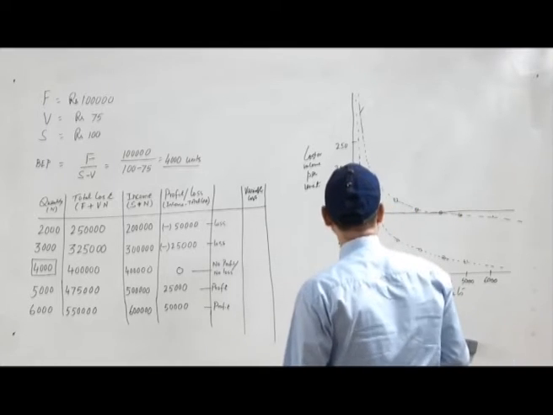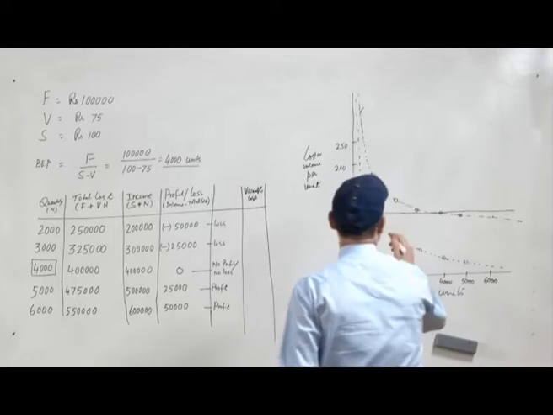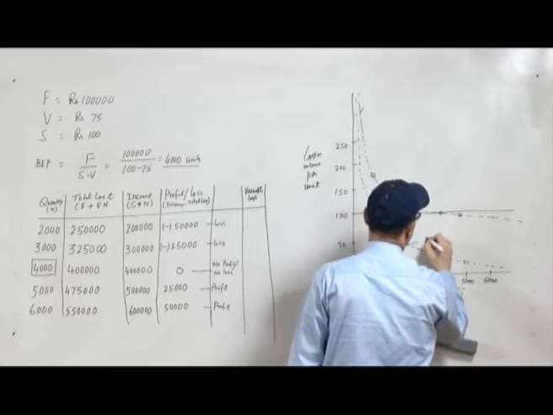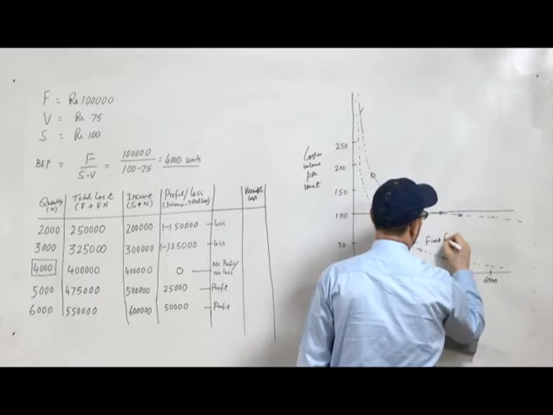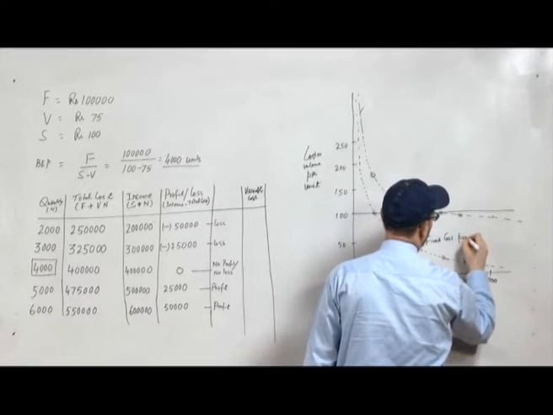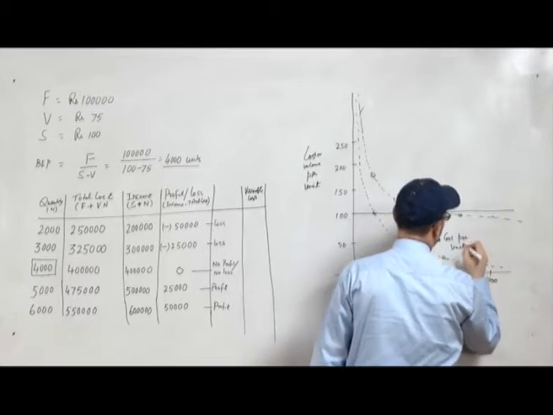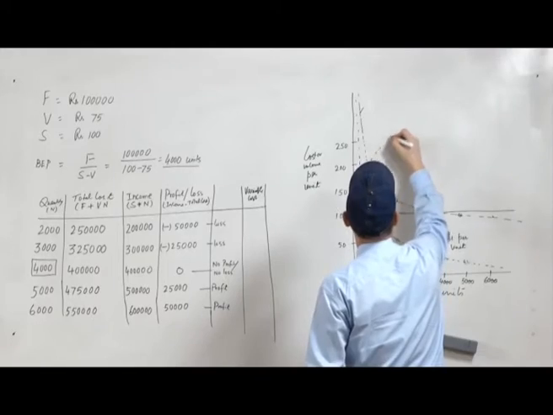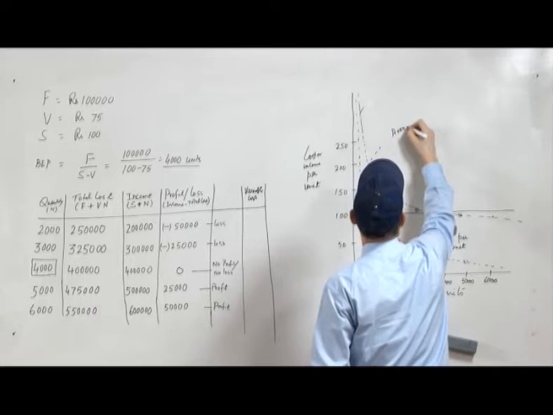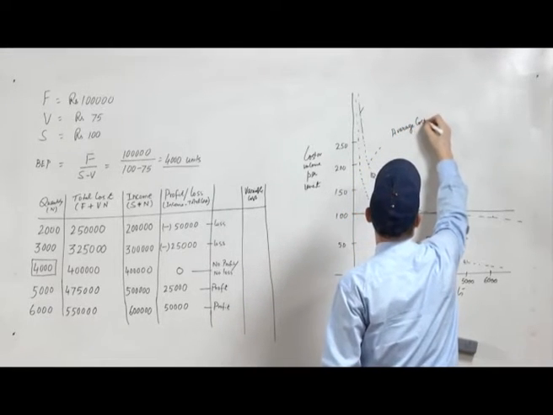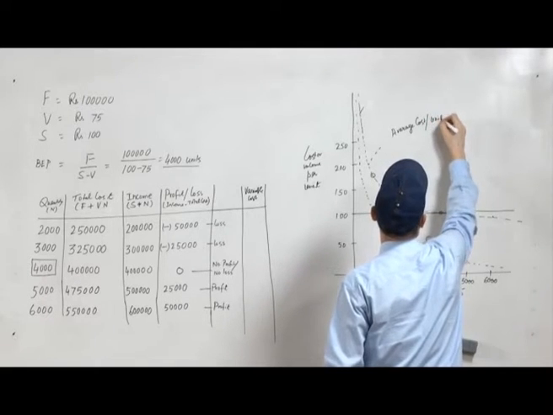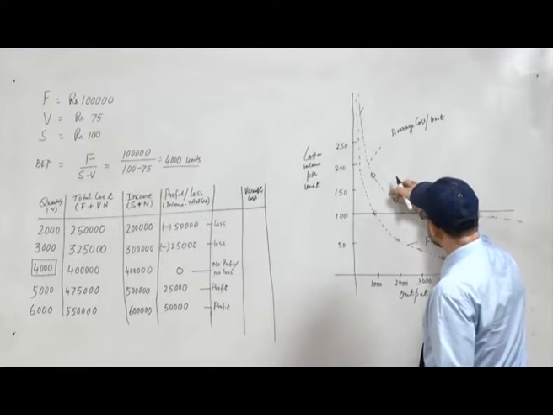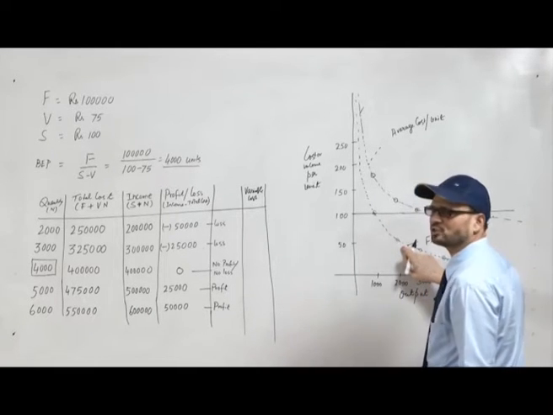So what we see is, you have this as the fixed cost per unit line. Then this line is the average cost per unit line. So what we see is, this is the average cost and this is the fixed cost per unit.